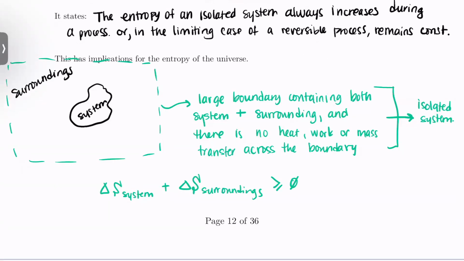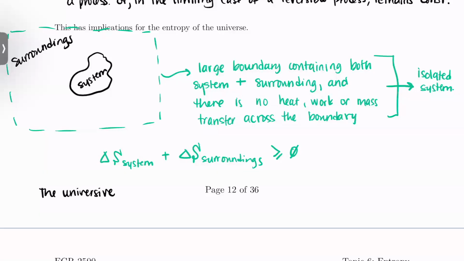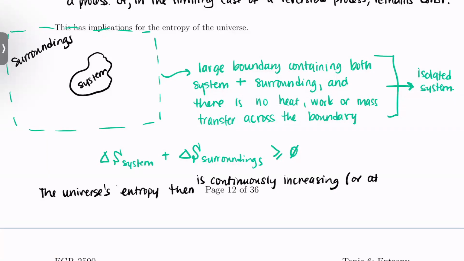So what this means then is that the universe, which we can consider as an isolated system using this thought argument, the universe's entropy is continuously increasing, or at the limit of a reversible process, is constant.